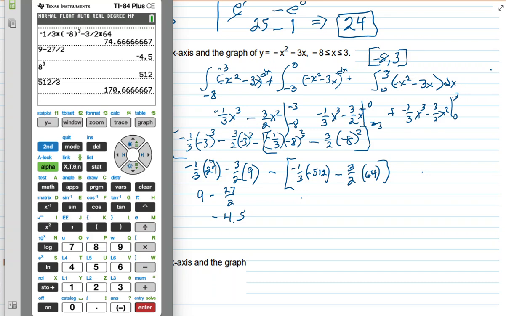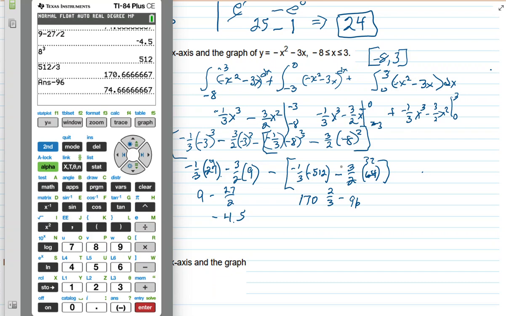Oh, it's an 8. Oh, it's 170. I'm going to just take it. 170 and 2/3 minus, and this is 32, and that would make it 96. And there it is, 74 2/3. And this is in negative because of this guy.